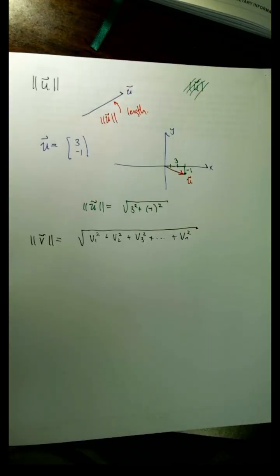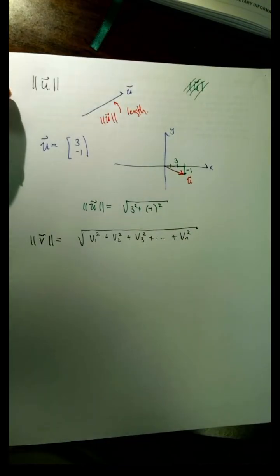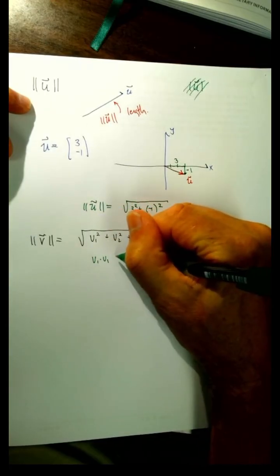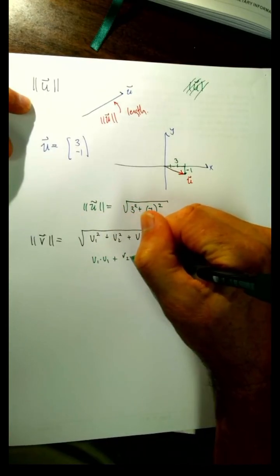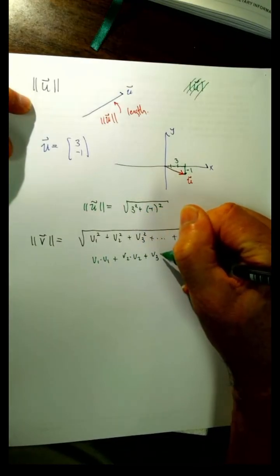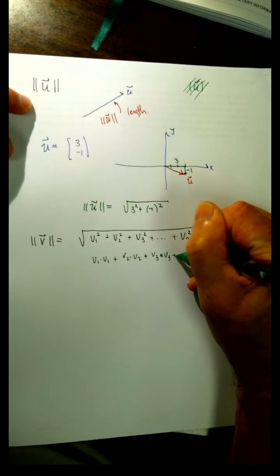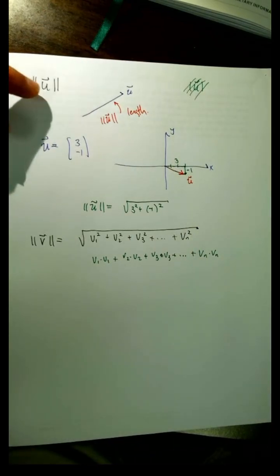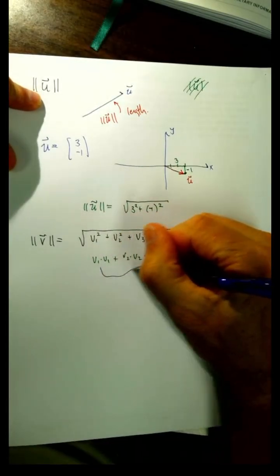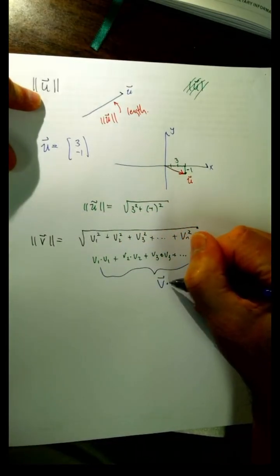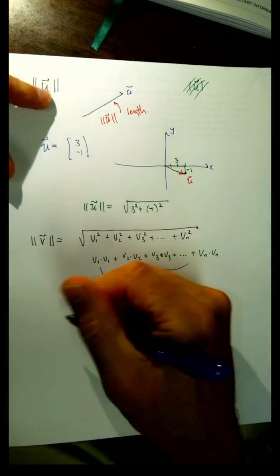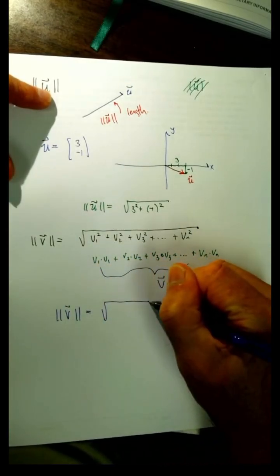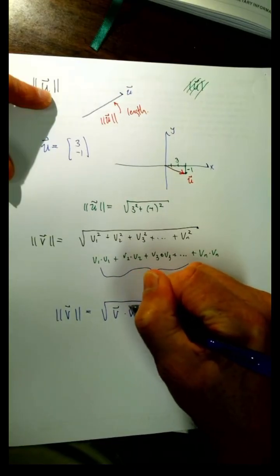One thing to notice is that I can think of v1 squared as v1 times v1, v2 squared as v2 times v2, v3 squared as v3 times v3, and so on. This last term becomes vn times vn. This is v dotted with itself, v dot v. So we're going to define the norm to be the square root of the vector dotted with itself.